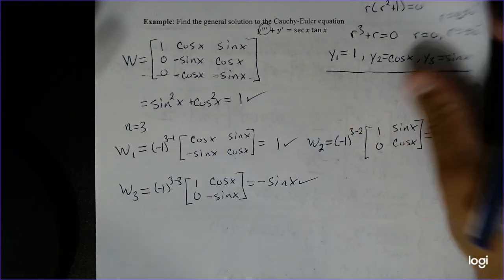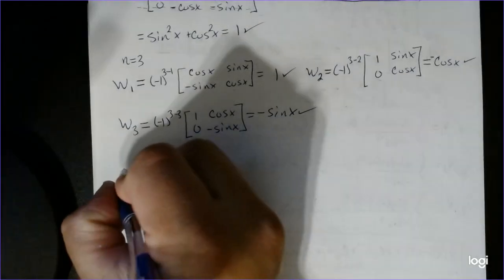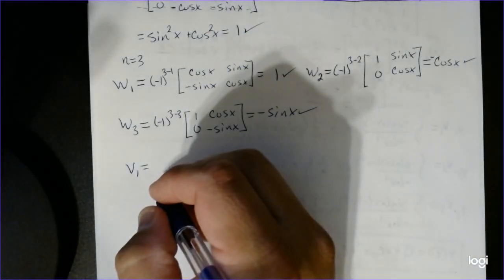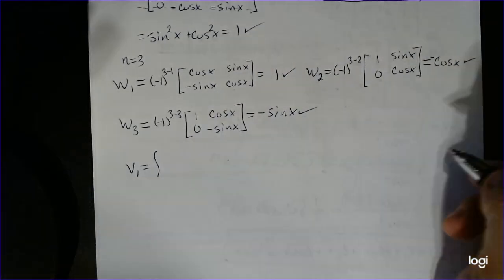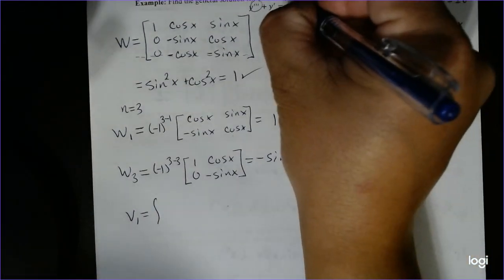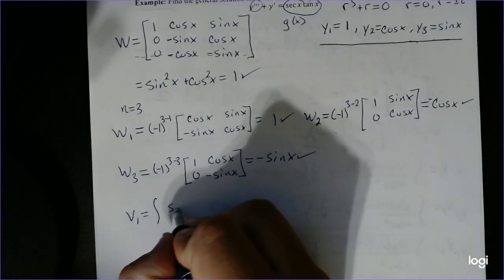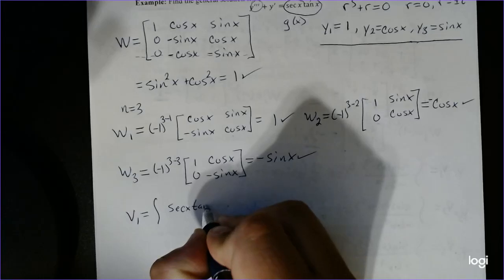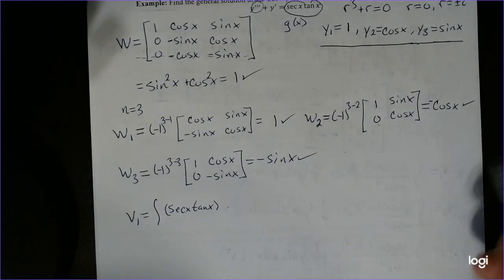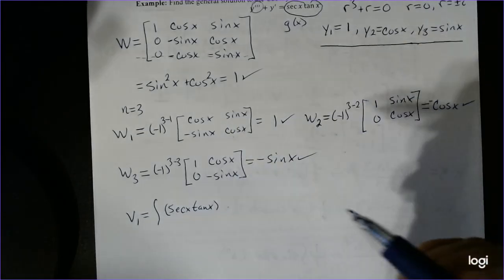Now we can solve for our 3 v's. And these ones are actually much easier than the last one, even though this looks like a horrendous mess. So the integral of, well, let's see, this is going to be our g of x, times W1, which is 1, so it just doesn't have anything, all over 1, because that's our Wronskian.